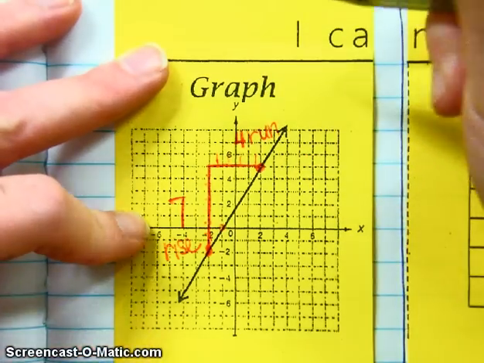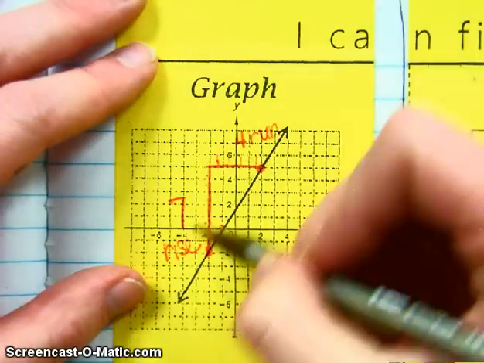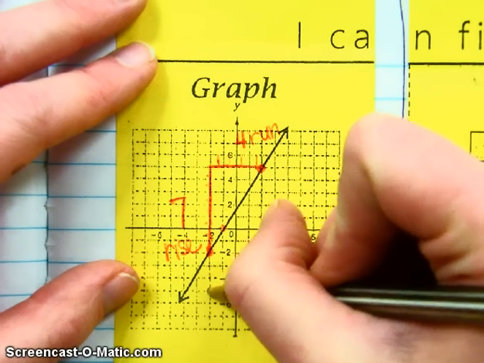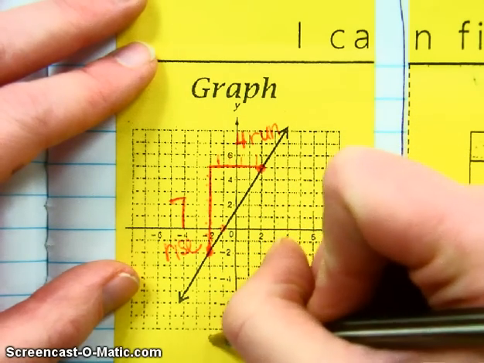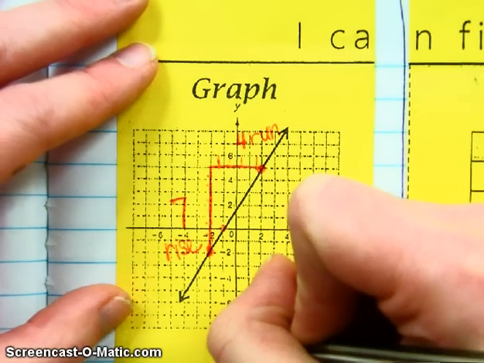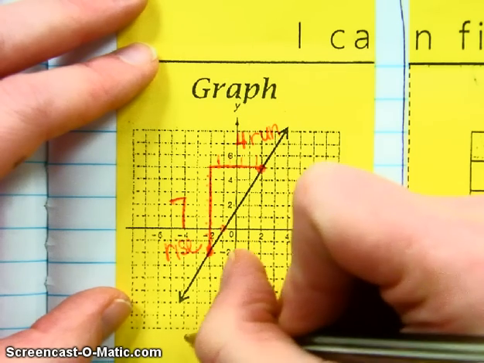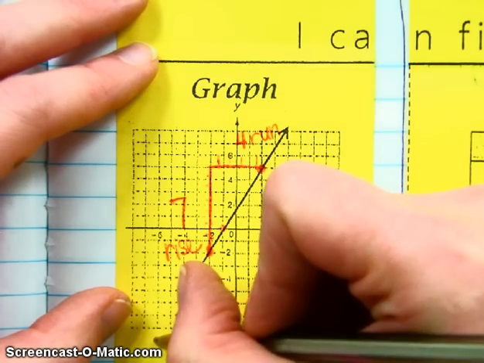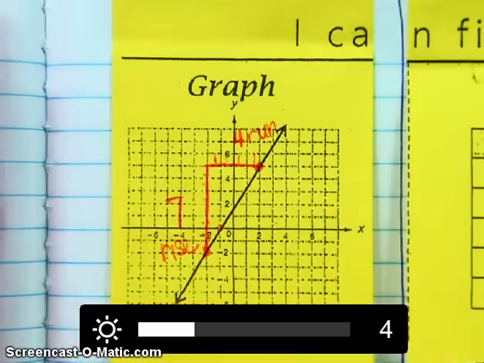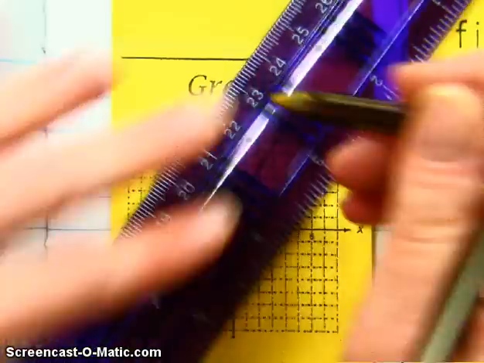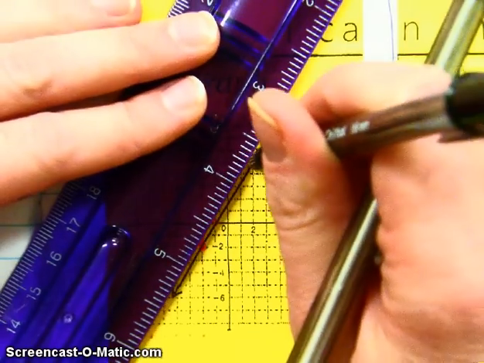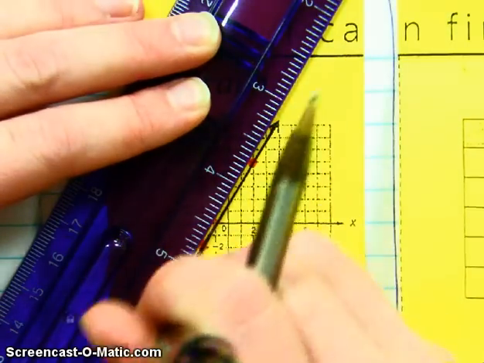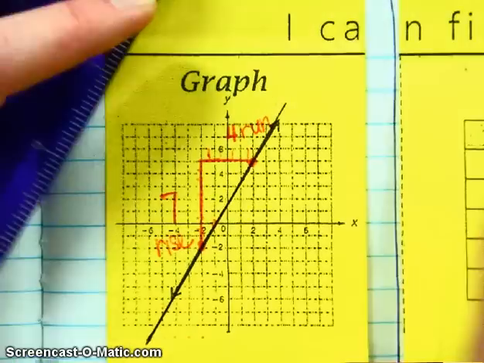I think that looks good. So if we were able to extend our line, up 2, 3, 4, 5, 6, 7, and then run 1, 2, 3, 4. Yep, it would go through that point, so it would be 7 over 4.